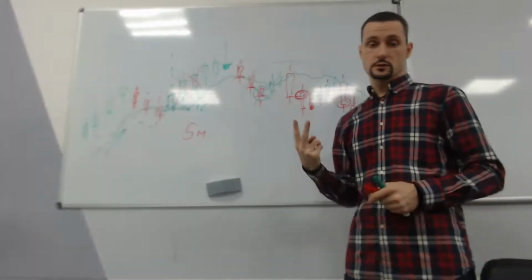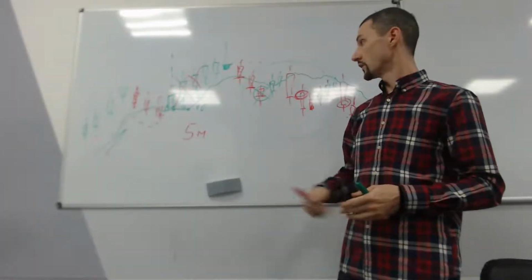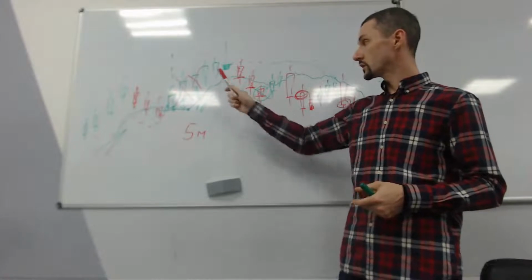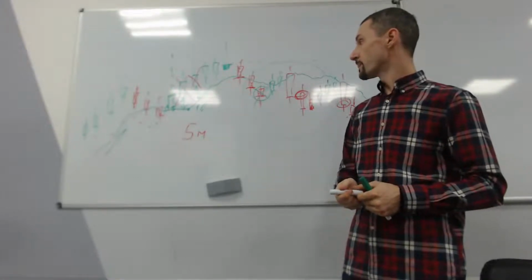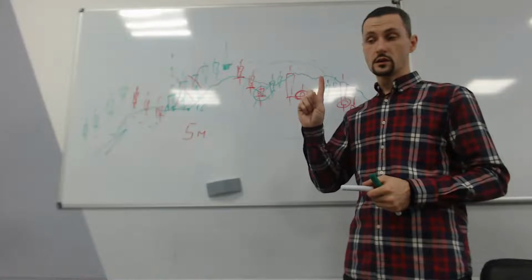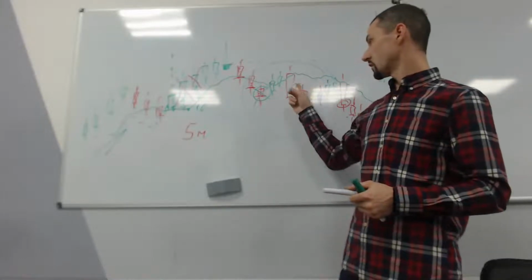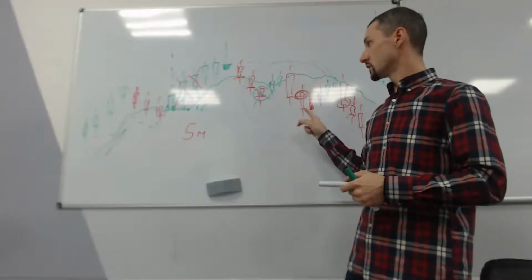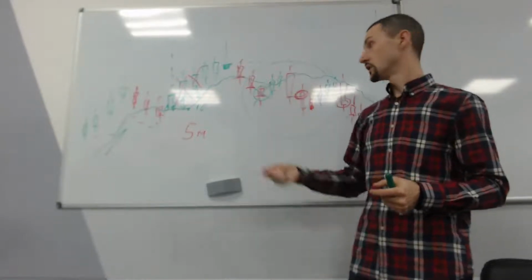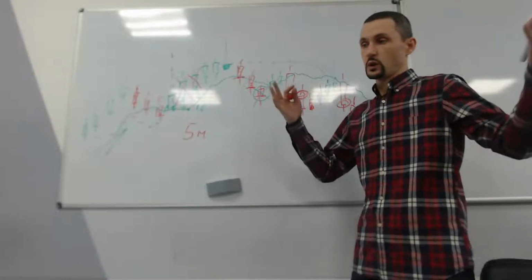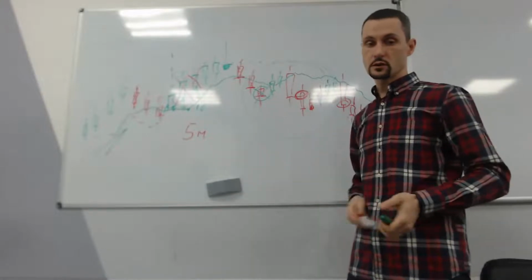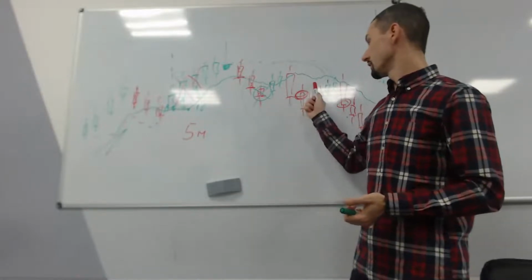So there are two main signals: the crossing of the moving average is the first attention signal, and the second crossing and the rebound from the other side, as with horizontal support and resistance levels.